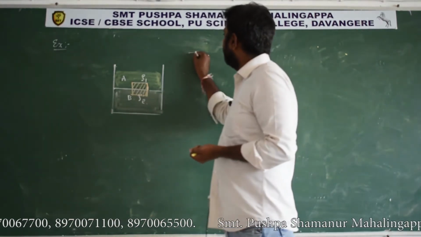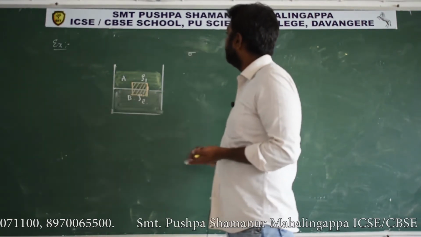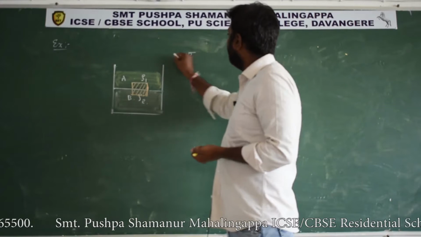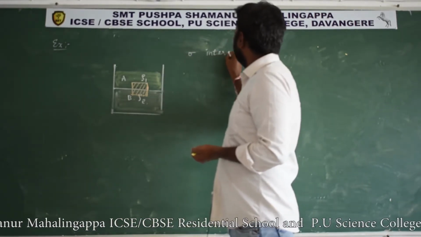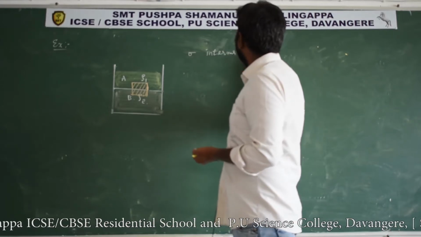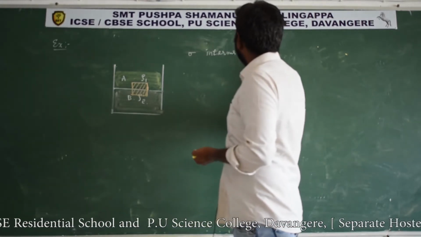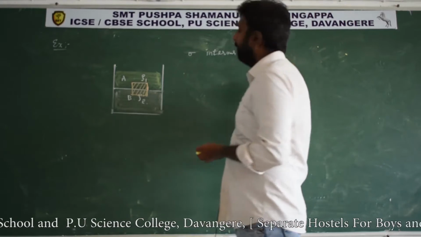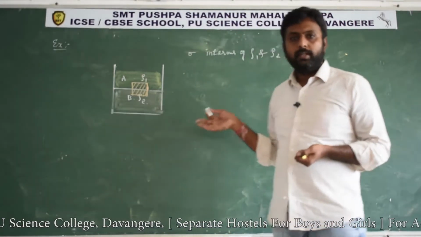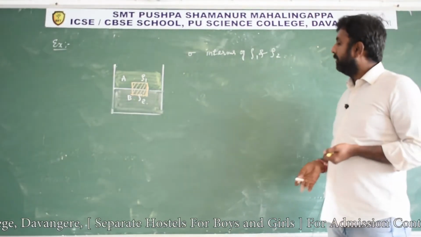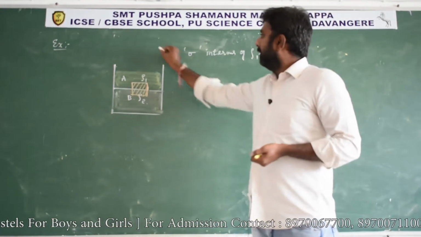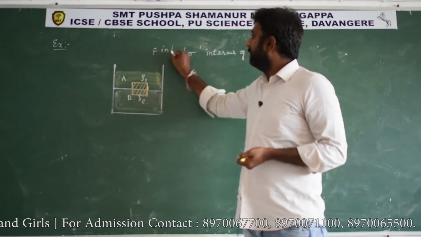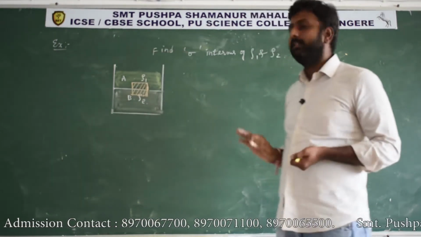Let us take it as sigma. Sigma we have to find in terms of rho 1 and rho 2, where rho 1 and rho 2 are the densities of two different liquids, and sigma is the density of this solid or object.